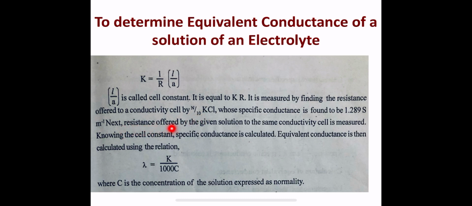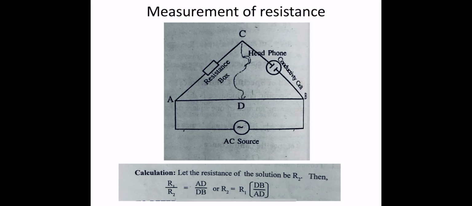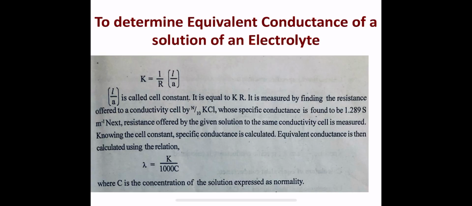Next, we have to measure the resistance offered by the given solution to the same conductivity cell, using this procedure. Once we find the resistance and know the cell constant, the specific conductance is calculated.